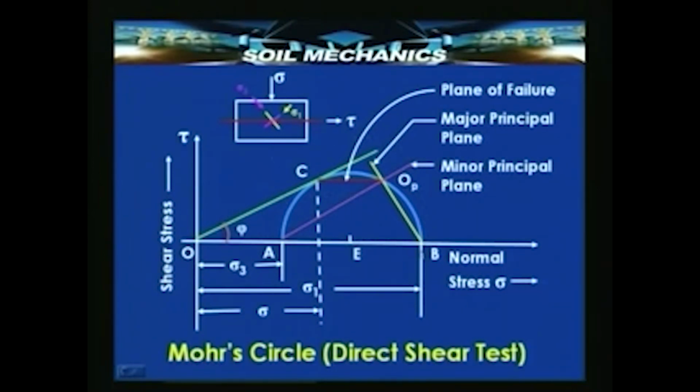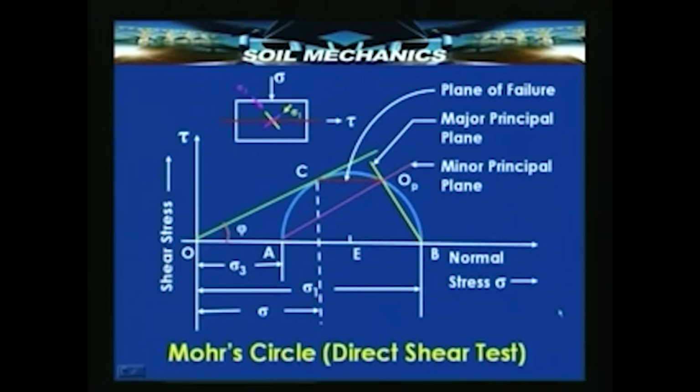So, rather than drawing a complete Mohr circle, if I could just draw the xy axis shown here and plot these points C1, C2, C3, C4 of the 4 tests and join those C points, the angle that that line will make with the horizontal will be the angle of internal friction. By doing 3 or 4 tests, we get an average value using the best fit line through all the C points.